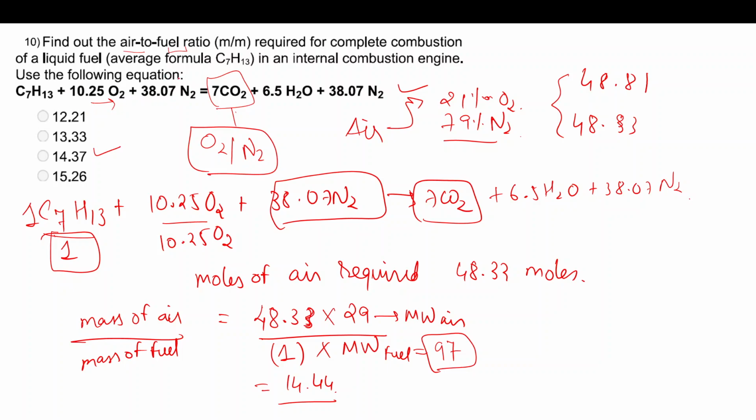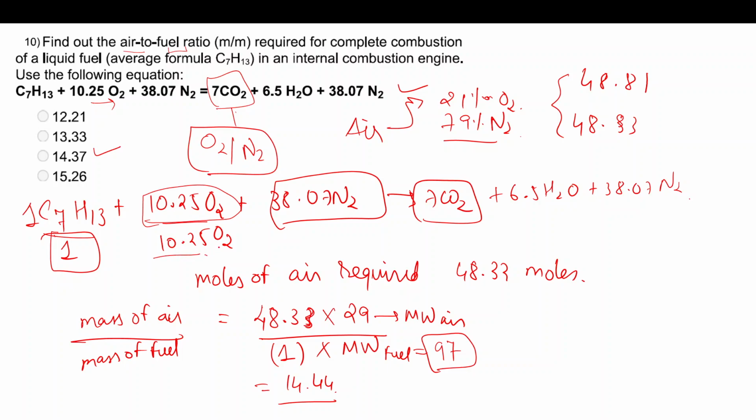Instead we use air in the engine, and the oxygen present in the air is used up for the combustion. I guess you understood that, right? So for the complete combustion of 1 mole of this fuel, we require this many moles of oxygen.